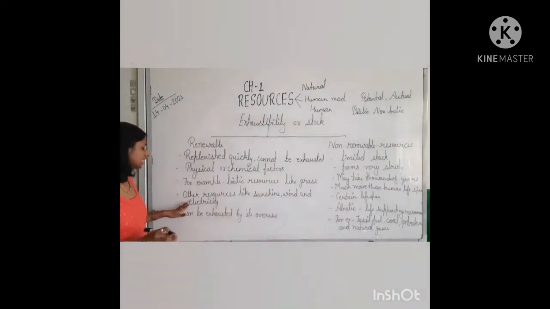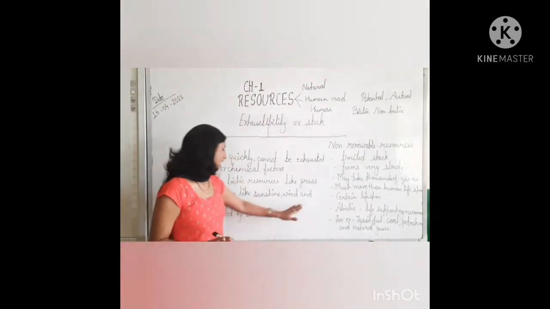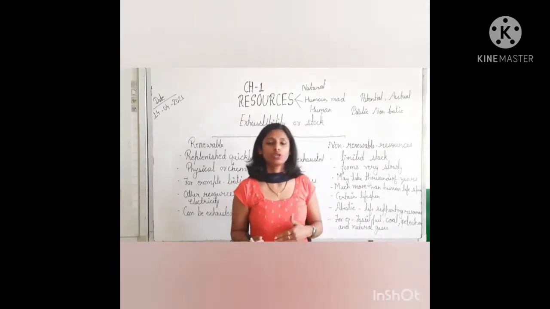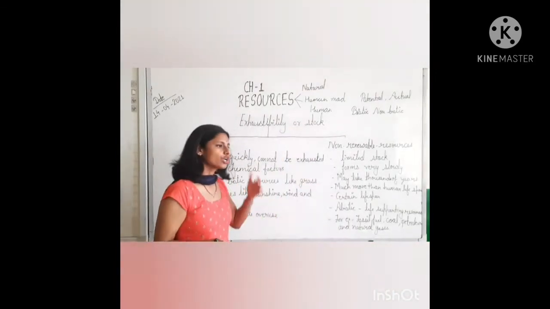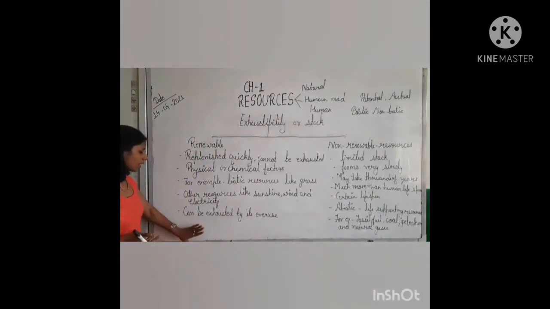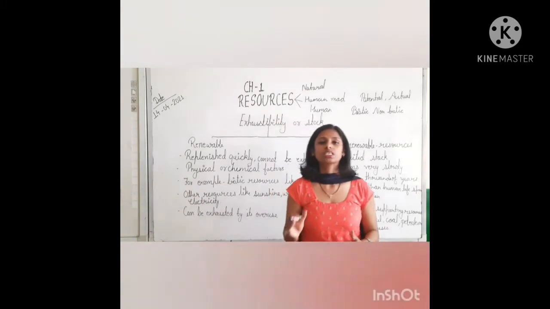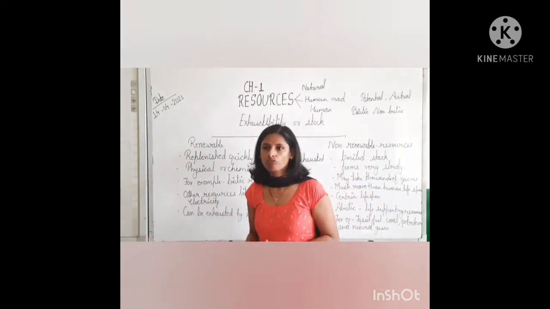Similarly, other resources like sunshine, wind and electricity can be renewed automatically after their use. However, these resources can be exhausted by overuse.